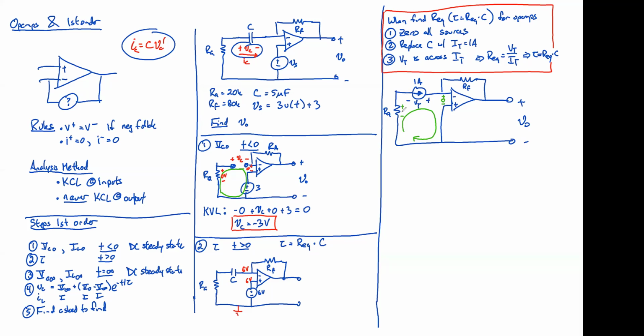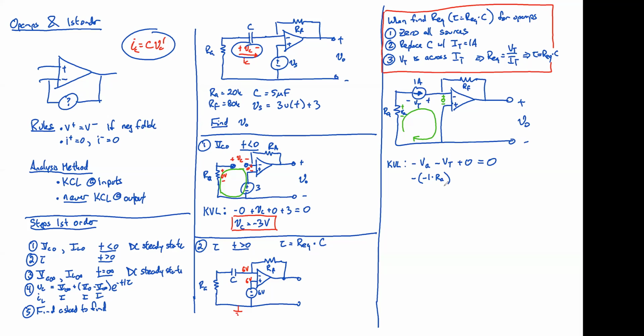So this voltage, I'm going to write it down. KVL would be equal to, here's my V sub A: minus VA minus VT plus 0 equals 0. So I just need to figure out what my VA is, and I know my VA is equal to minus 1 times RA.